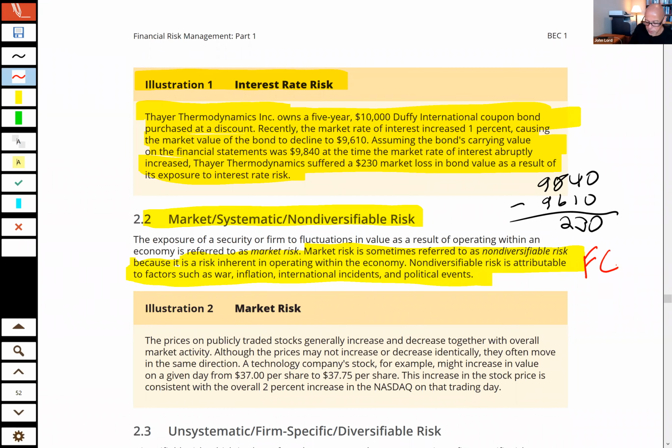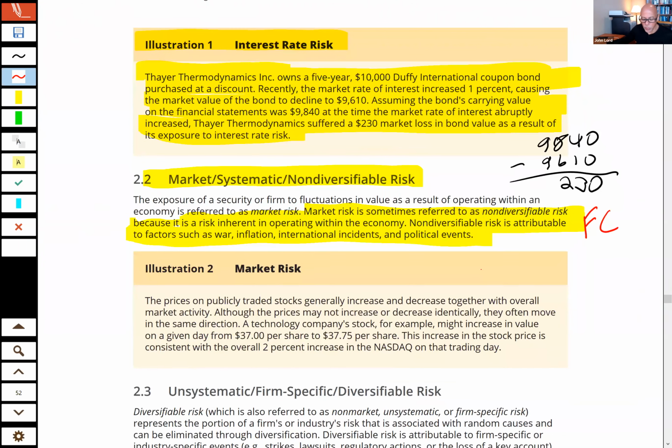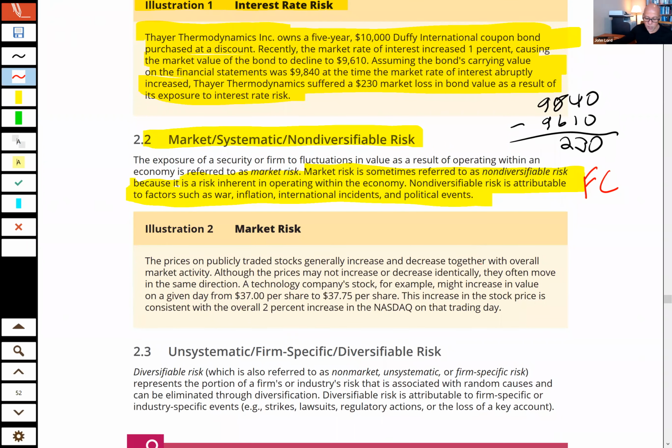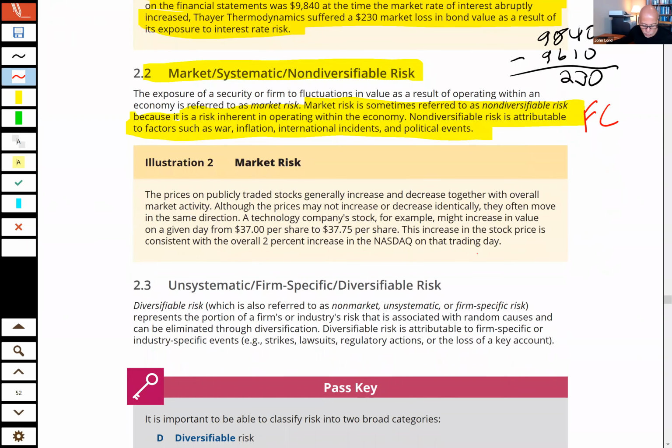We don't need to look at the examples here. I think you can see that these are risks that affect the entire market, and you cannot diversify your way out of those risks.